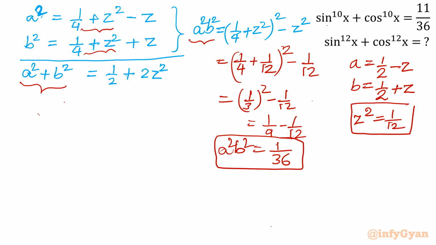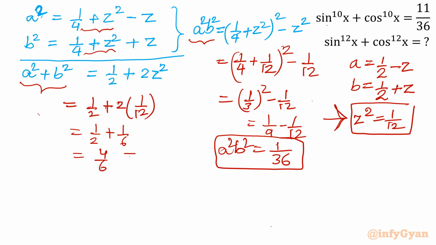And A square plus B square is half plus 2 times 1 over 12, because of our z square value. So this value comes out half plus 1 over 6, so it is 4 over 6, that means 2 over 3.